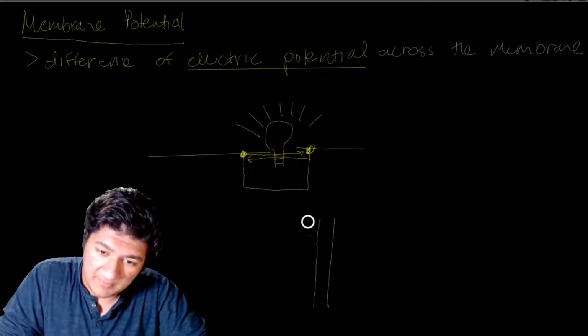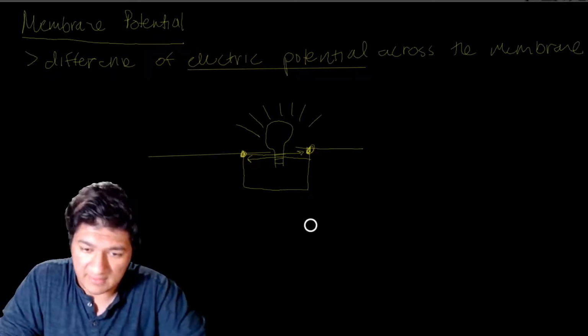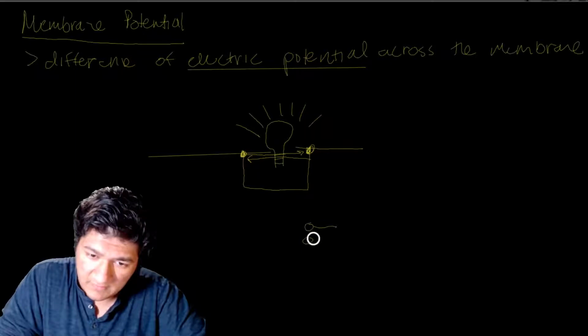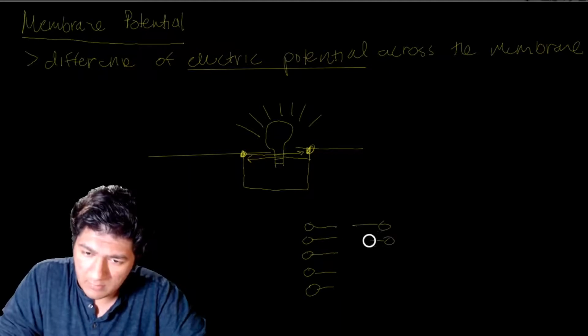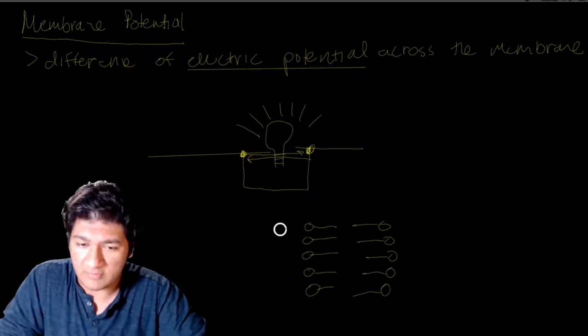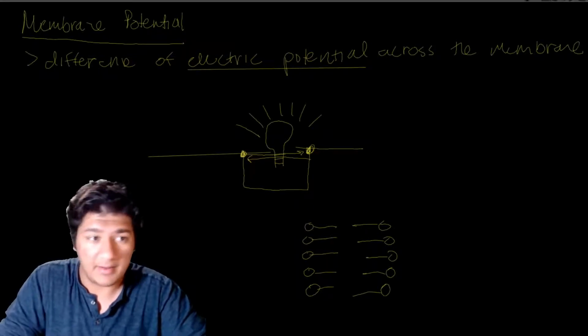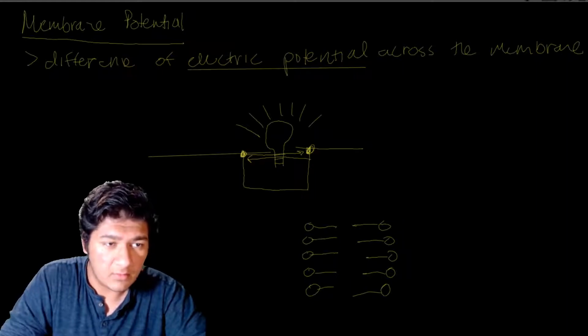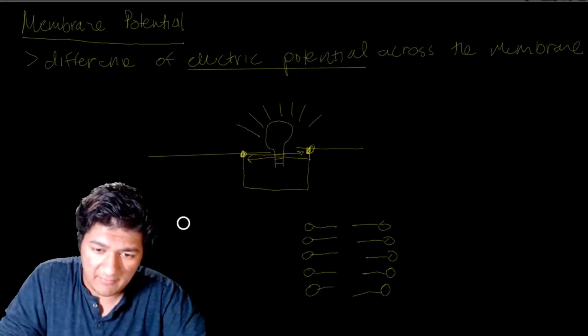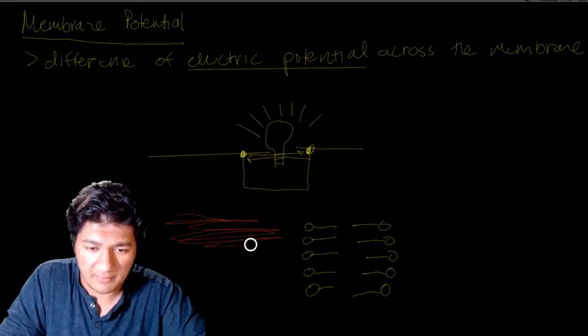It's kind of a lipid bilayer, so I'll just draw it like that instead. We have heads and tails like this. So this is our membrane, and over here we have extracellular fluid.